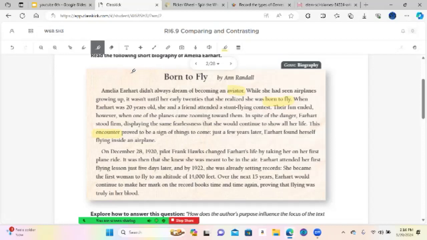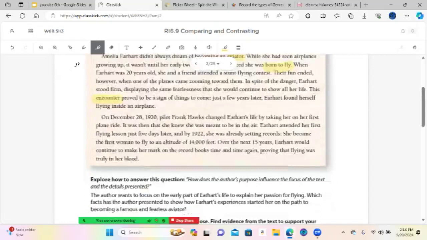Just a few years later, Earhart found herself flying inside an airplane. On December 28, 1920, pilot Frank Hawks changed Earhart's life by taking her on her first plane ride. It was then that she knew she was meant to be in the air.